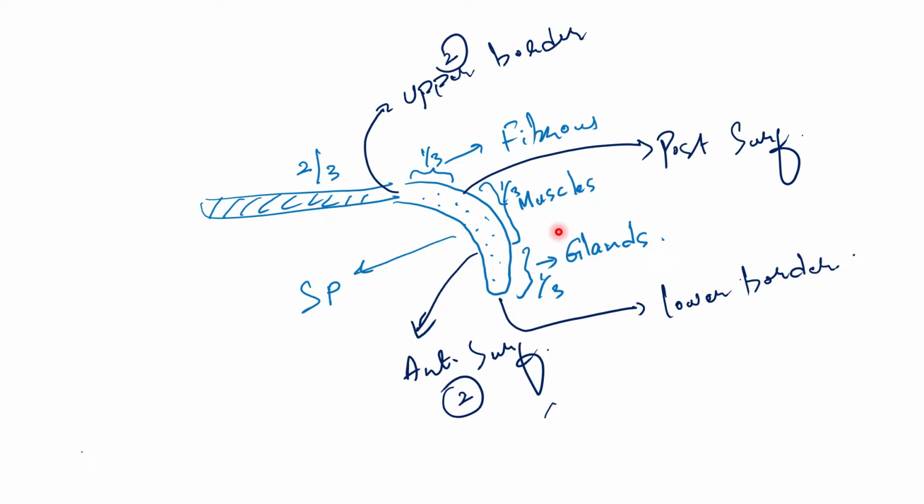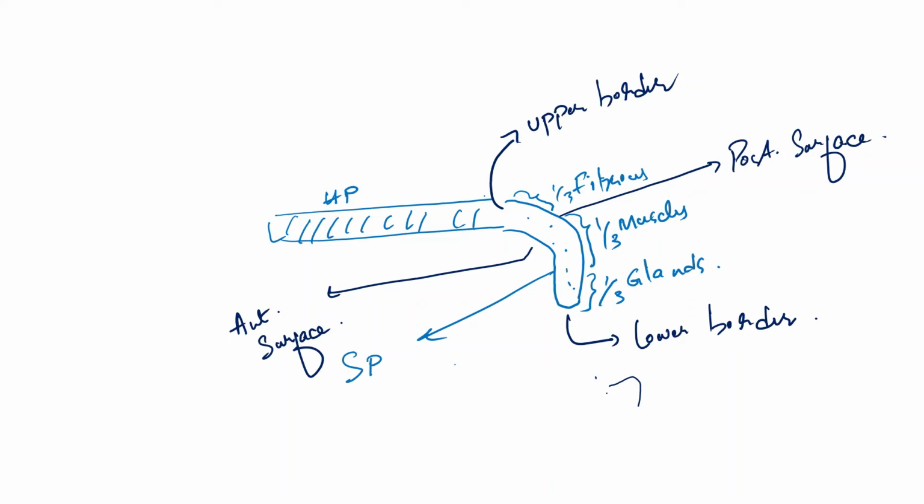The posterior surface on each side is connected to the tubal elevation of the nasopharynx through the fold called the salpingo-palatine fold.